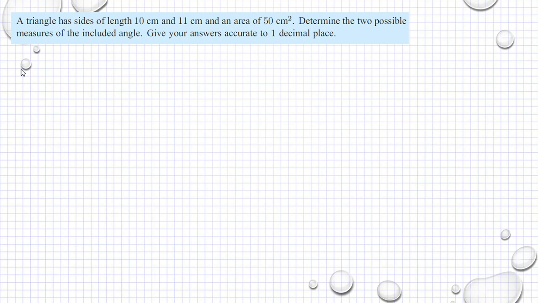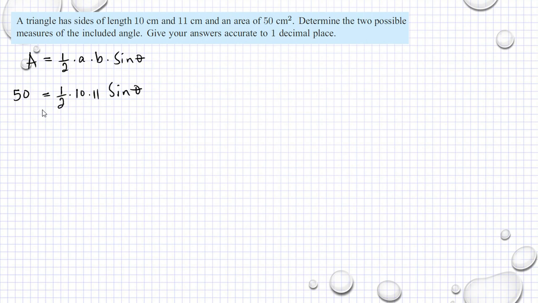Okay, so we have the area of a triangle is equal to 1/2 multiplied by the first side and then the second side and the sine of the included angle. Area is 50, and then we have 1/2 multiplied by 10 multiplied by 11 sine theta.